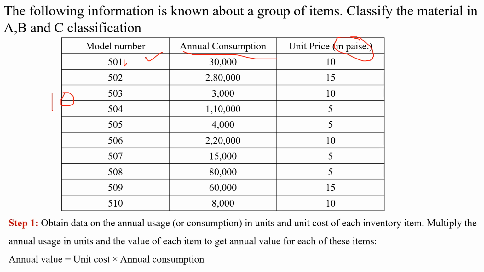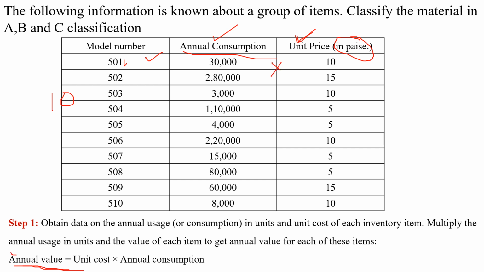The first step is to obtain the data on the annual consumption. Obviously the annual consumption for all the items is given, and the unit cost is also given. Then we have to determine the annual value, which is the unit cost times the annual consumption, for all the items.